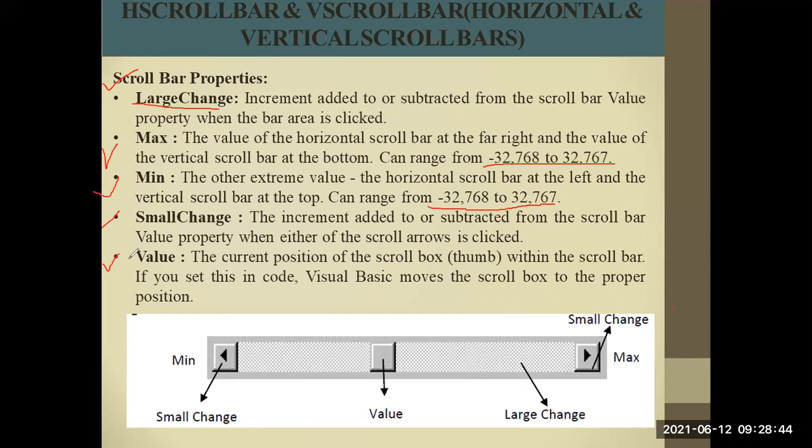Wherever your scroll box is, that particular value will always be assigned as the current value for the scroll box, and it is stored in the value property. With the help of this value property, we can identify the proper position of the scroll bar.